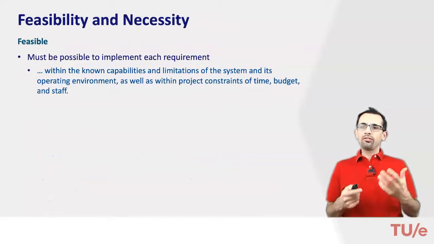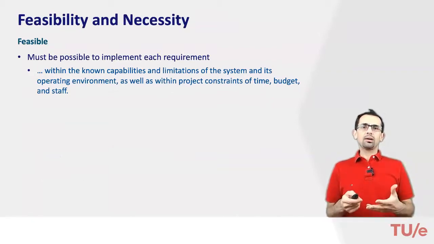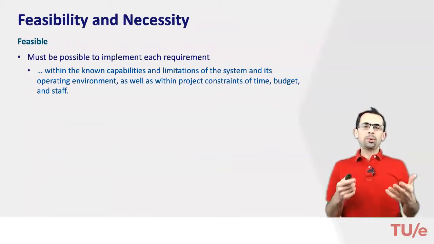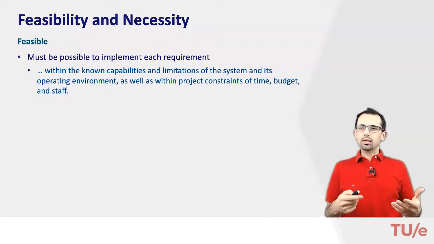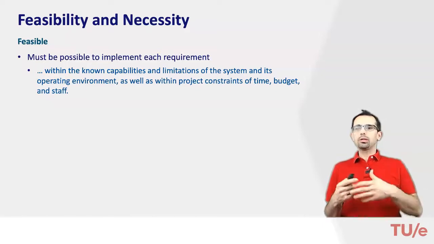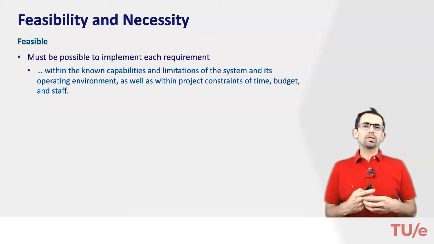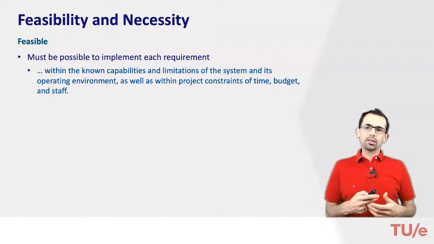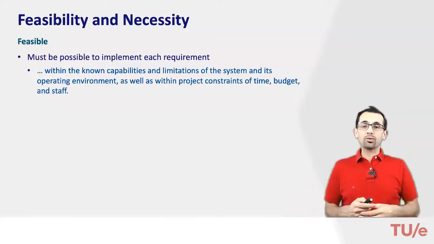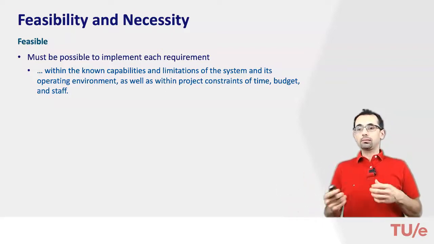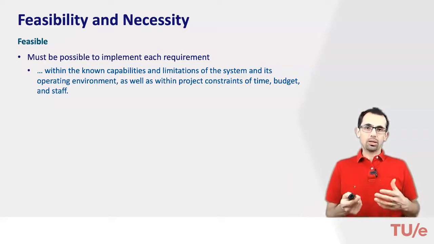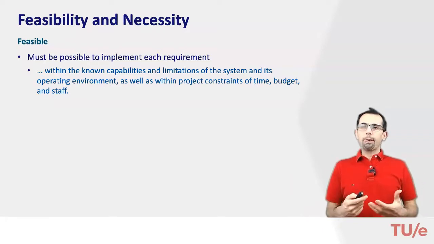Okay, feasibility, necessity. Feasibility, let's start with that. There must be a possible way to implement each requirement statement, within the known capabilities and limitations of the system and its operating environment, as well as within the project constraints of time, budget, staff, scope and so on.